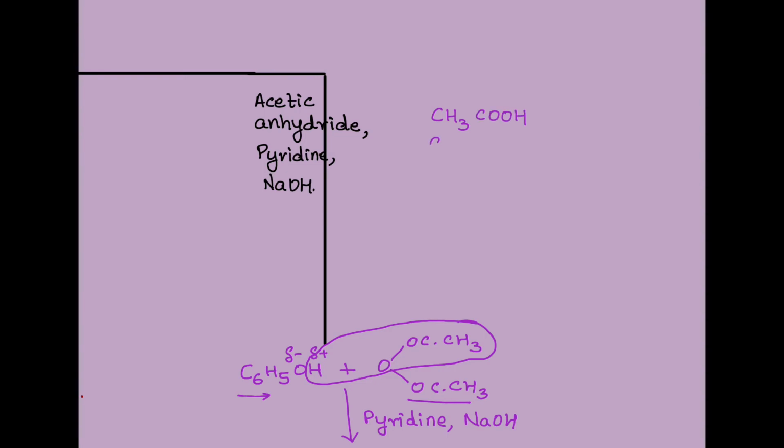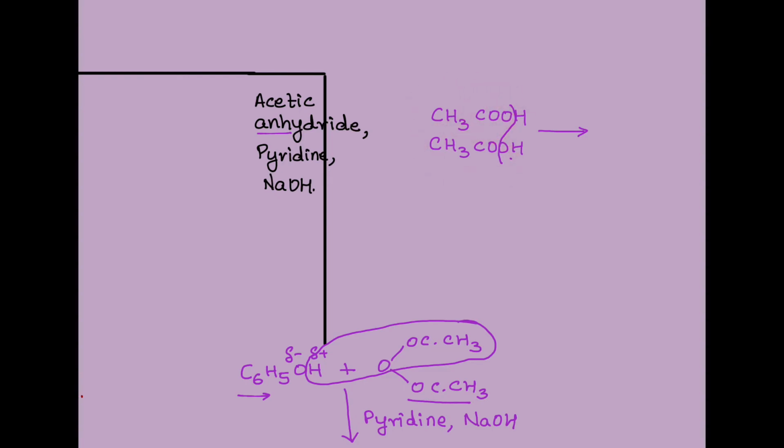Let me take two molecules of acetic acid because we are talking about anhydride. That means from which water has been removed. So if I remove a molecule of water from these two acid molecules, what will I get? Now that you have removed water, try to join these two molecules together to form a single structure.